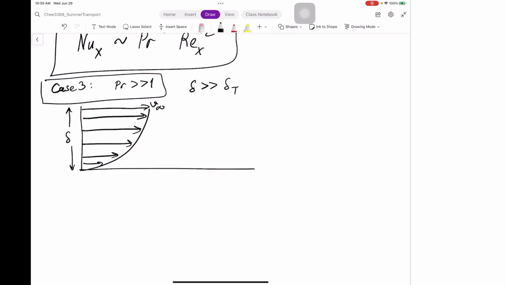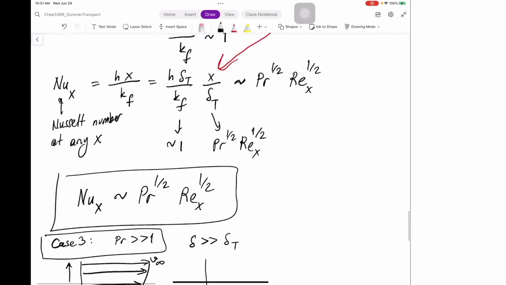This is V infinity. And this is T wall, right? And this tiny thing is delta t, correct?